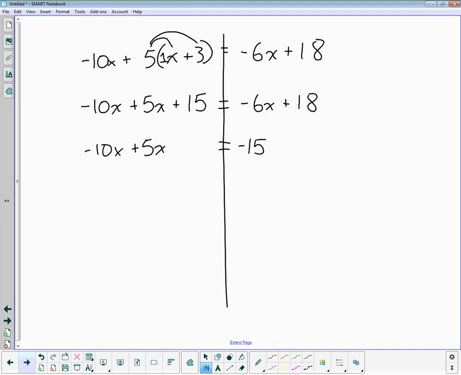What happens to it when it comes over to the other side? Positive. So now we can combine all of our terms.